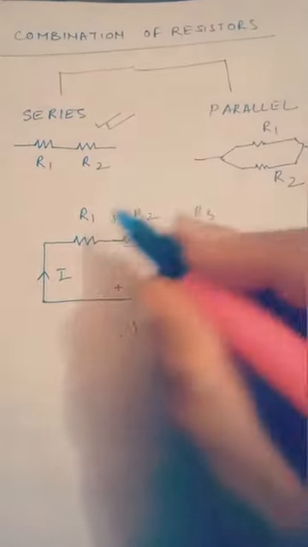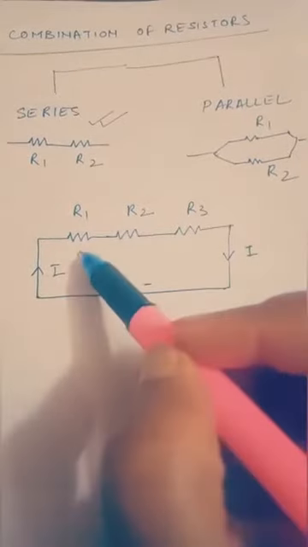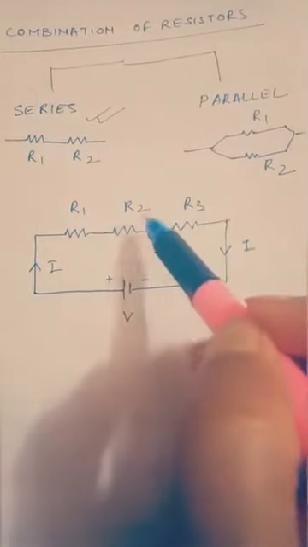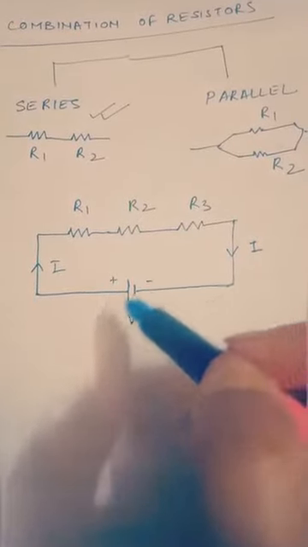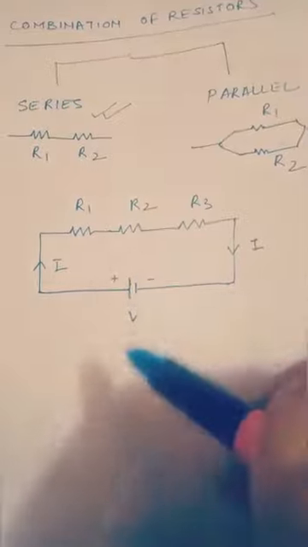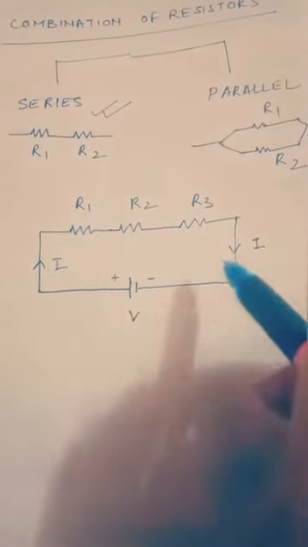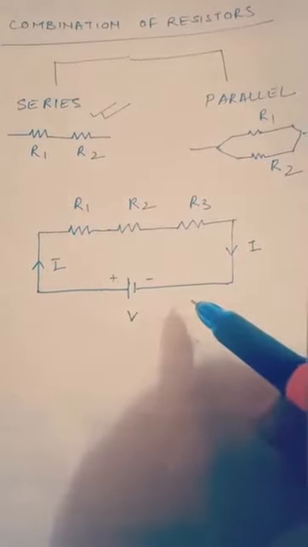So this is the circuit I have made. I have taken three resistors R1, R2 and R3 connected to a source of EMF, that is a cell, which is giving a voltage of V volt. I current flows through the circuit.